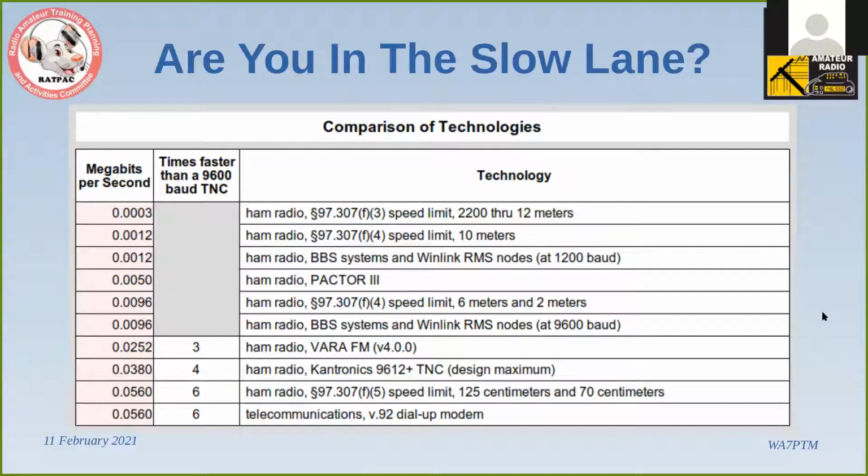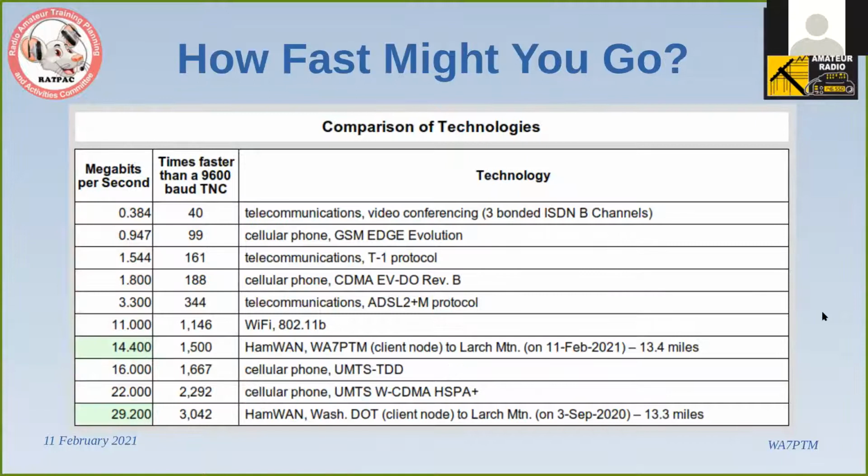And if you folks remember, those are 20, 25 year old technology. So when you start going a little bit faster, the first one on there is bonded ISDN channels. That's what they used to use between courts and such. The attorneys and courts did a lot of video conferencing over that over the years. And then some of the cellular phone technology.